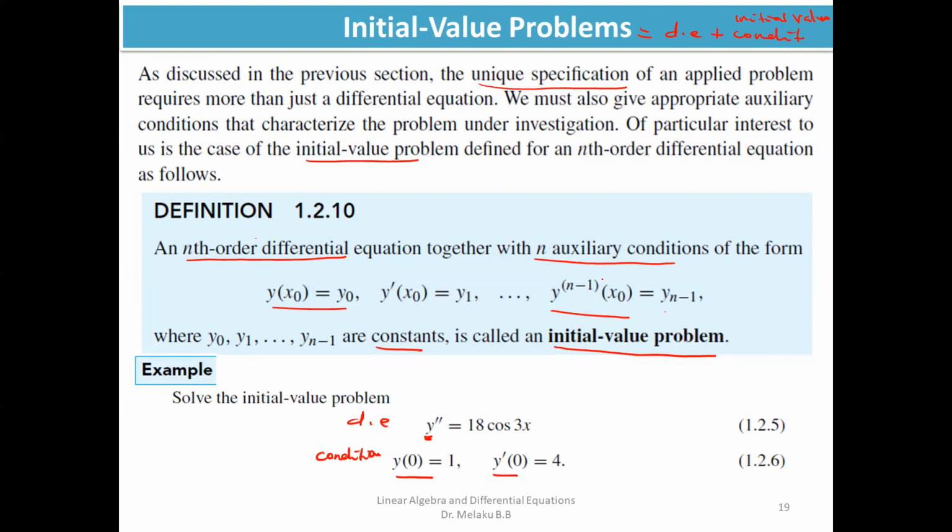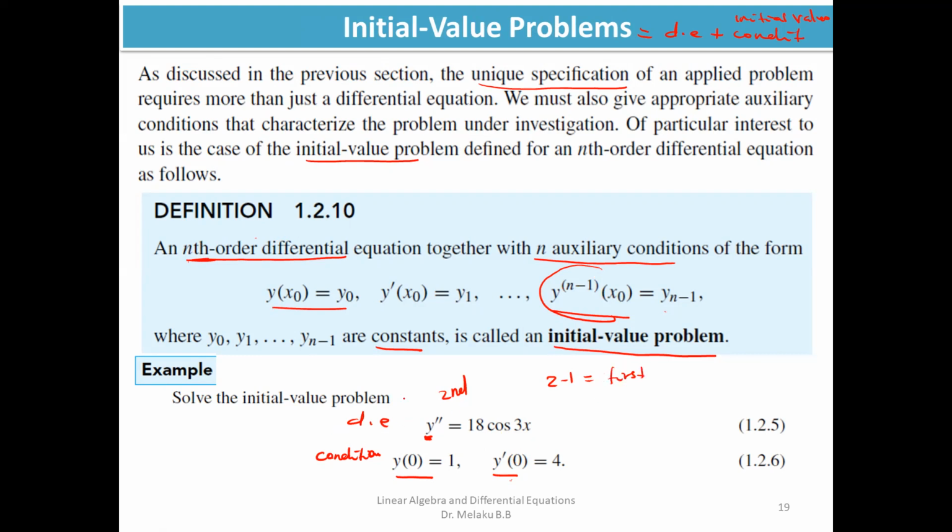You see, we have to have auxiliary conditions up to the (n minus 1)th derivative for the nth order differential equation. So this one is a second order differential equation, and the auxiliary conditions go up to n minus 1, 2 minus 1, that is, up to the first derivative.